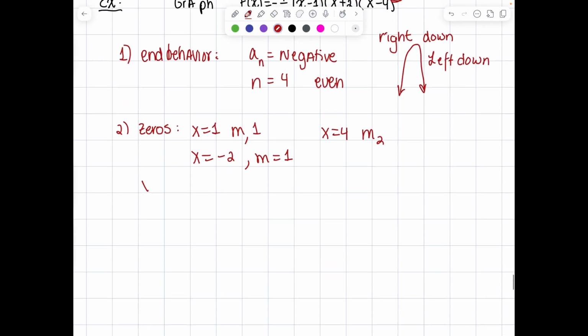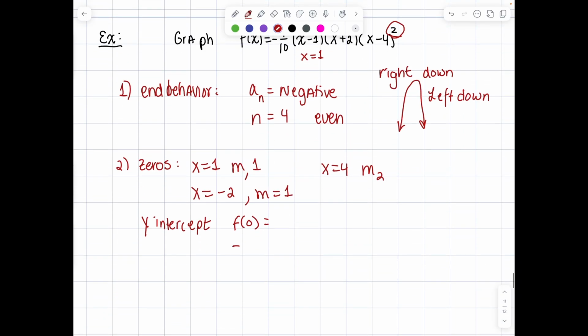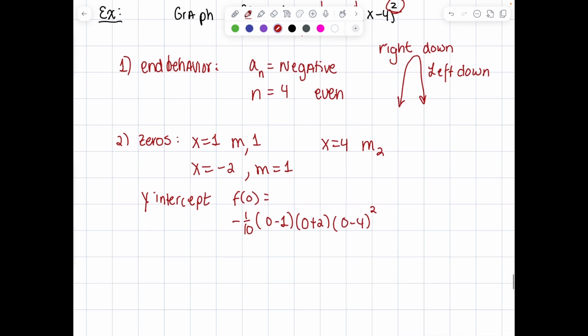Let's find our y-intercept. So f of 0. We get negative 1/10 times 0 minus 1, times 0 plus 2, times 0 minus 4 squared. So I get negative 1/10 times negative 1 times 2 times negative 4 squared. So we get 1/10 times 2 times, what is this, 16?